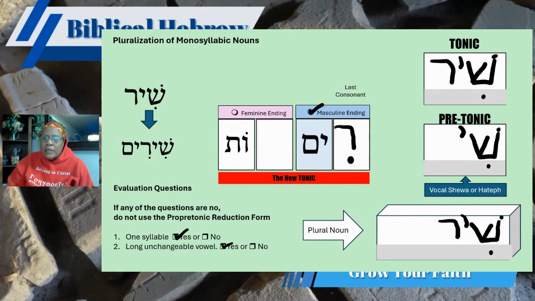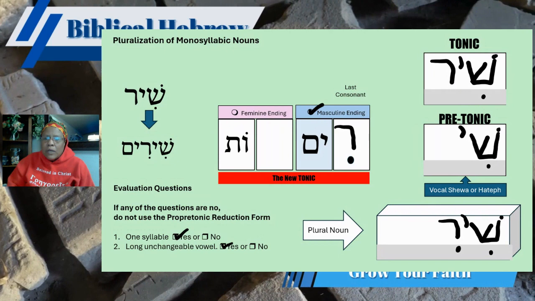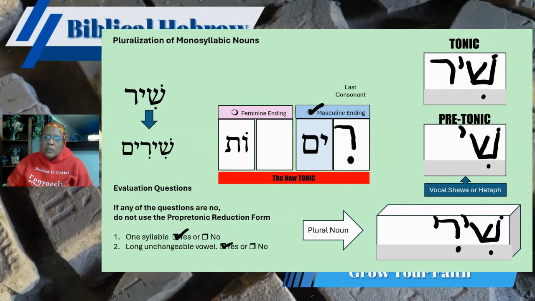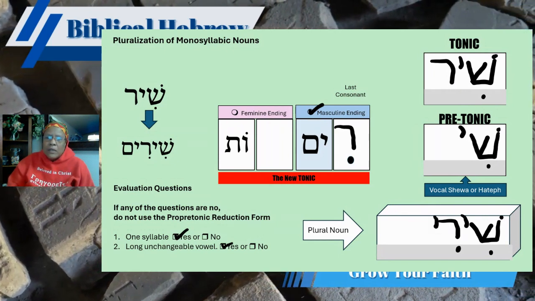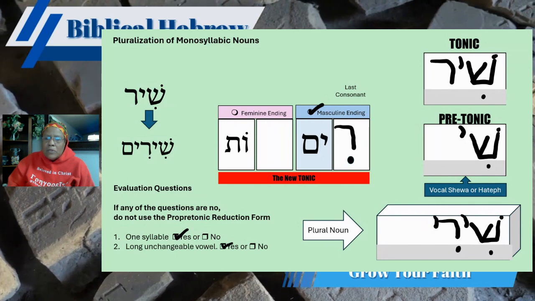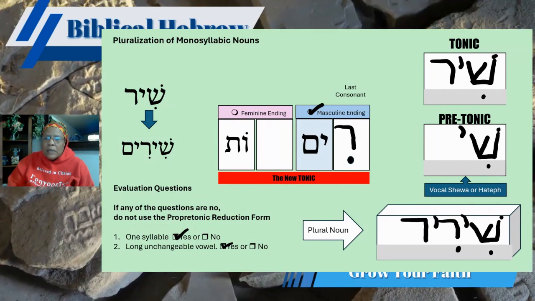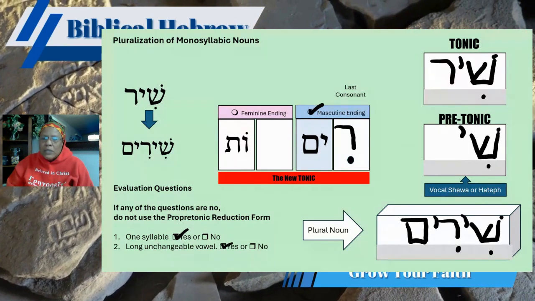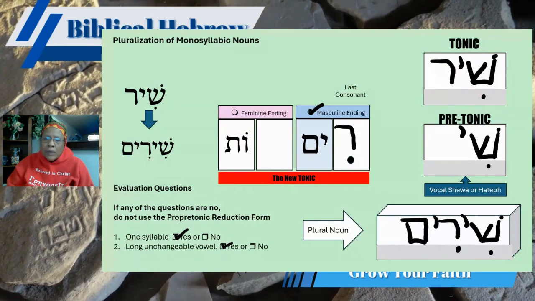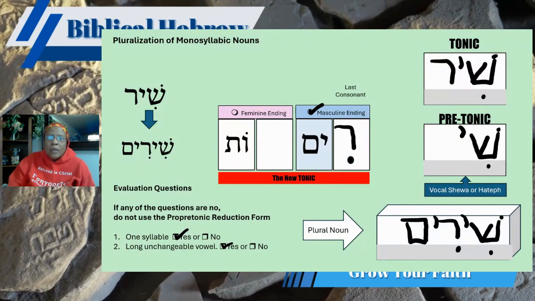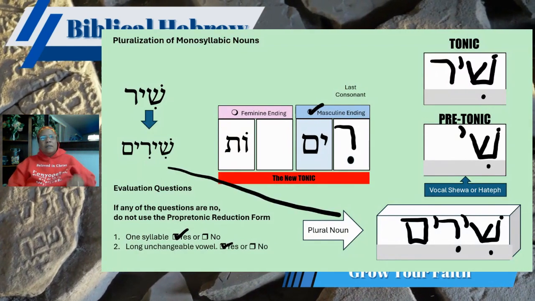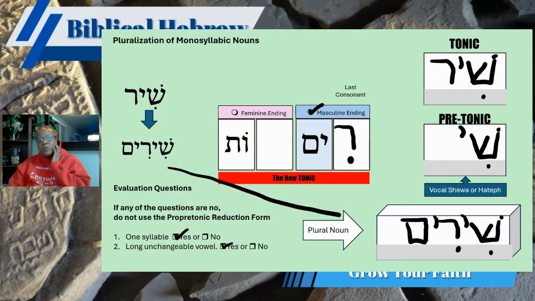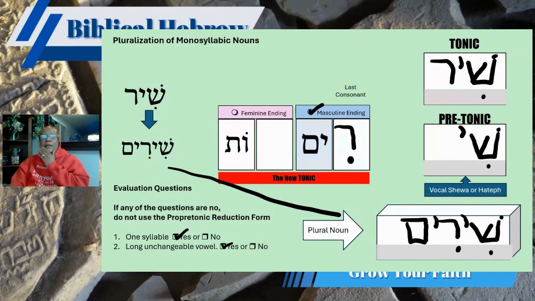And now it has the masculine plural ending, which is a hirik yud with a final mem to end. When we pronounce this word, it will be shireem. If I check it against the printed one, it's correct.